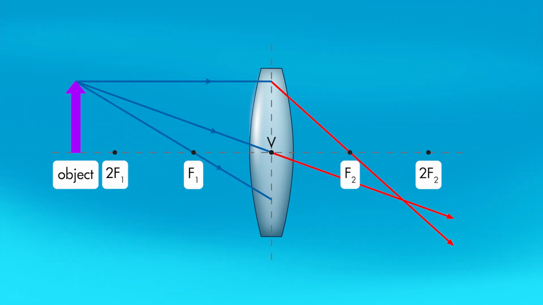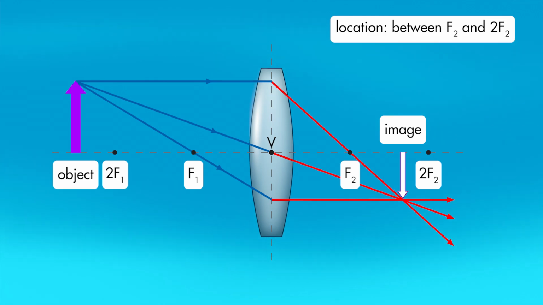The third ray is drawn from the top of the object through the near focal point, F1, and on to the lens. The ray refracts through the lens and continues parallel to the optical axis. Notice that all three refracted rays meet at a point between F2 and 2F2 in back of the lens.